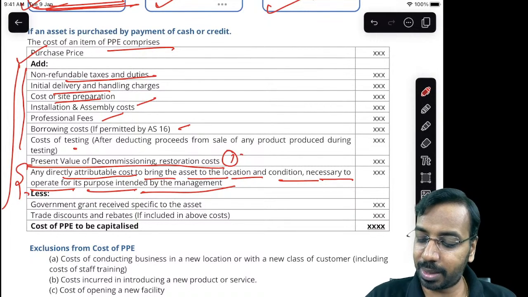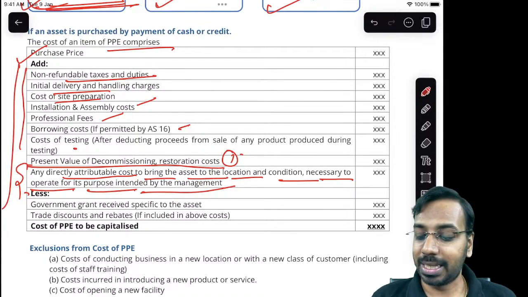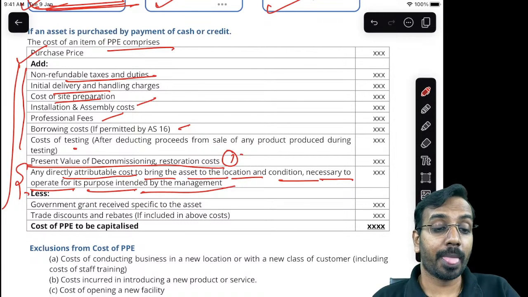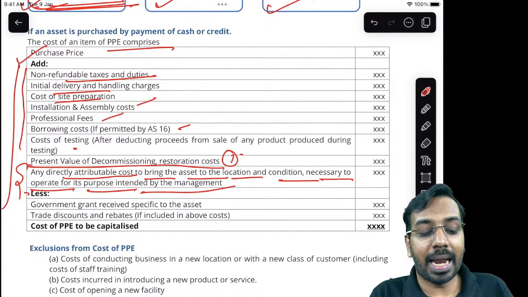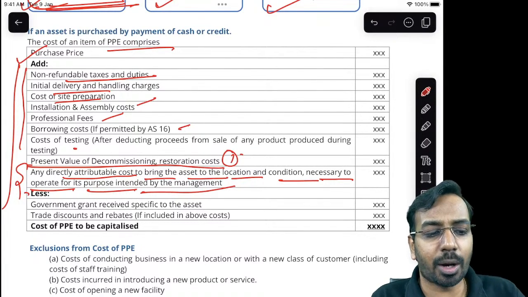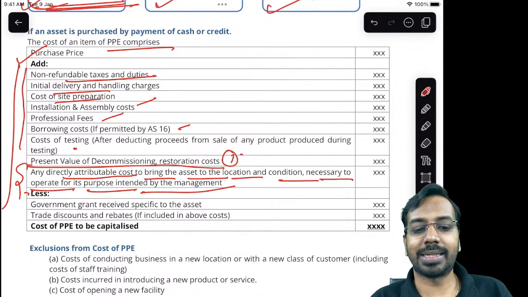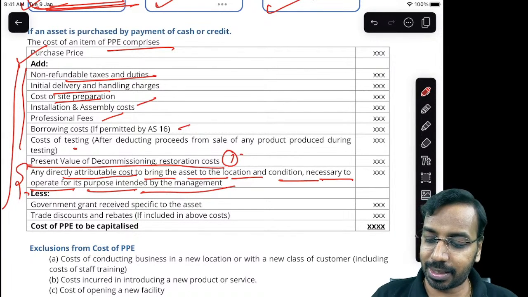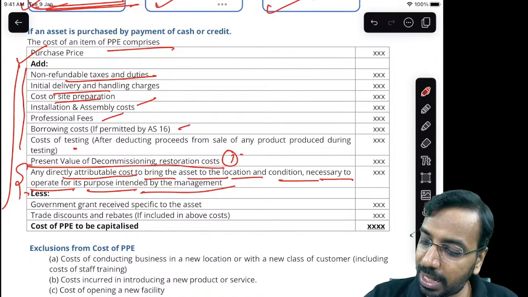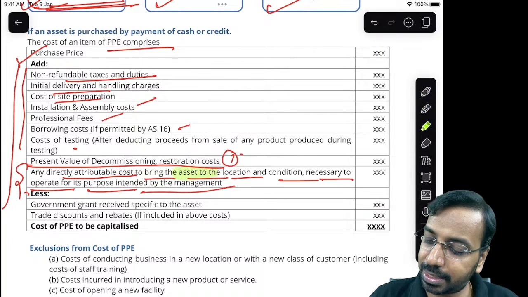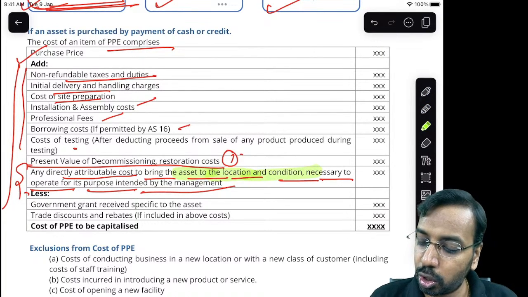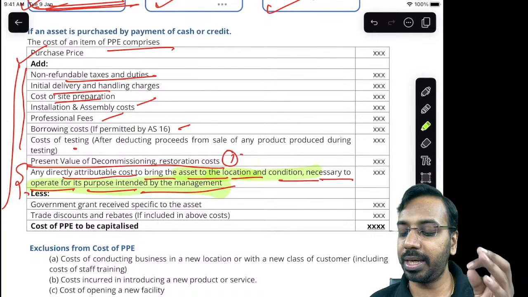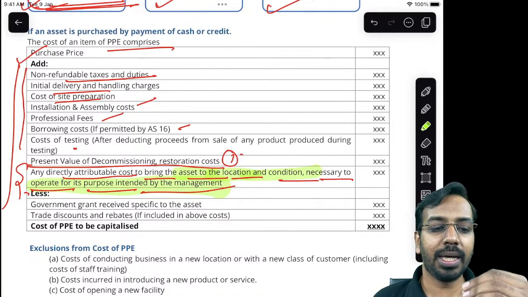Similarly, let us say there is a land which is vacant for some point of time, and you have given it out as a parking lot. That is also not necessary, so you will not adjust that income from the cost of that asset. Only those costs which will help me to bring the asset to the location and condition to operate for its purpose as intended by the management should be included. All other costs should be expensed.